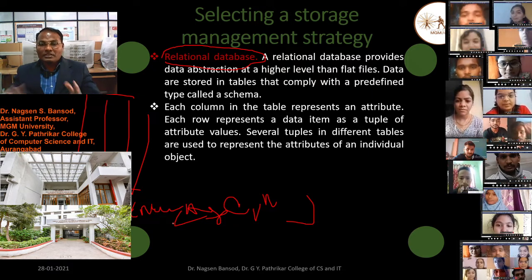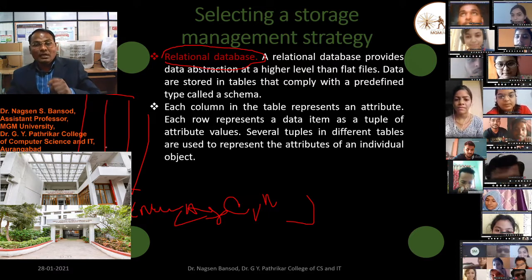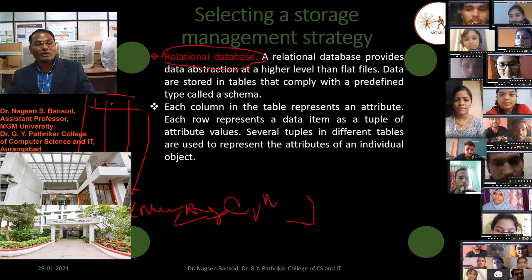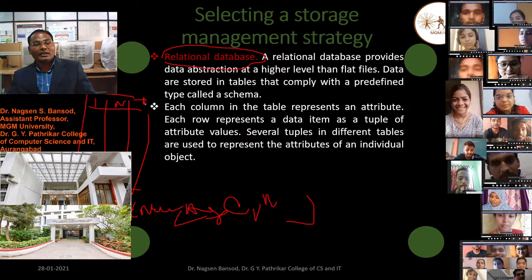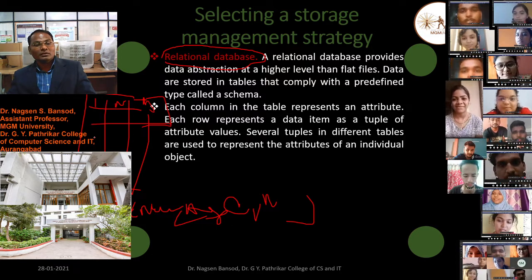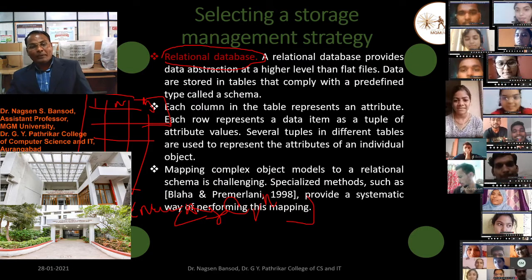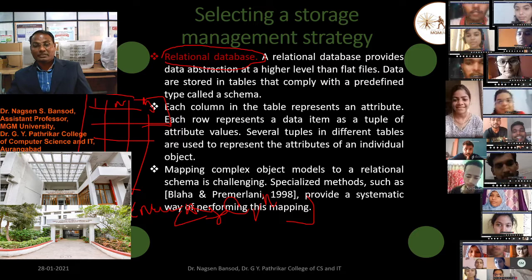Several tuples in different tables are used to represent the attributes of an individual object. For example, one is the serial number, name, and age. All that information will be stored in the tuples. Mapping a complex object model to a relational schema is challenging.